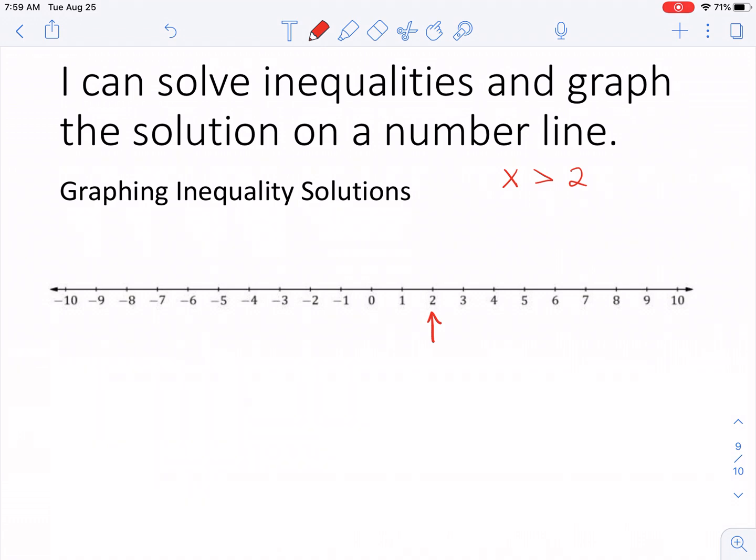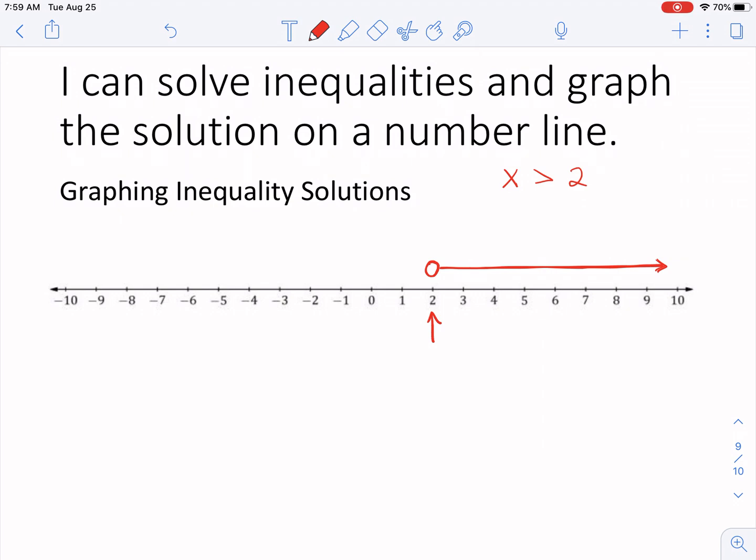Is 2 bigger than 2? You're right, again, 2 is not bigger than 2. So that means 2 is not part of the solution. So I put a nice big open circle on 2, and I shade my line to the right. Helps if I know my right and my left today, sorry.